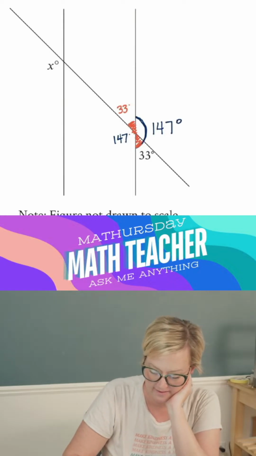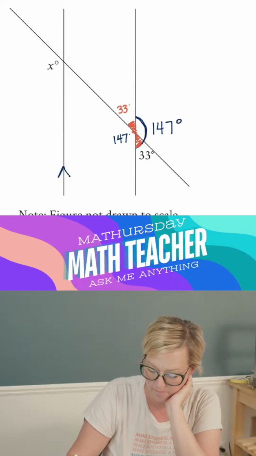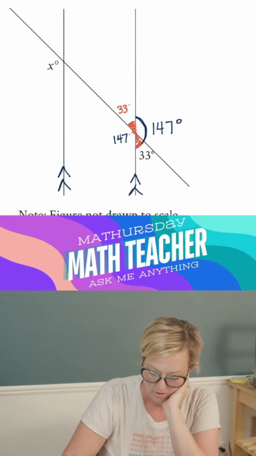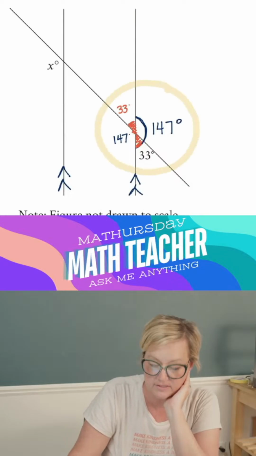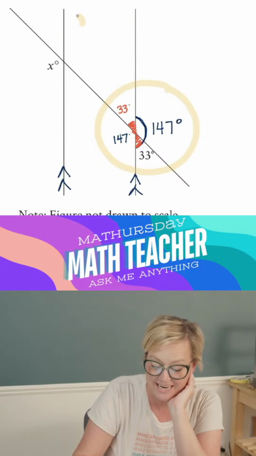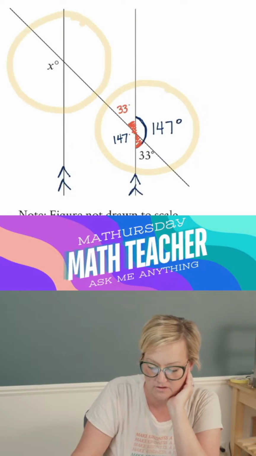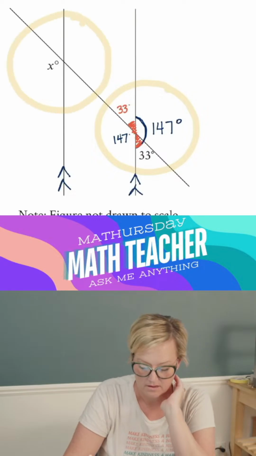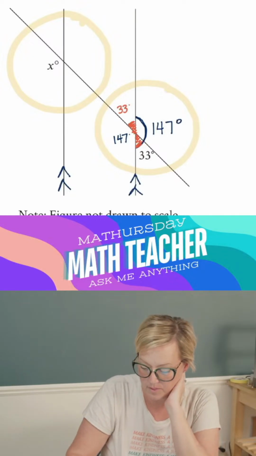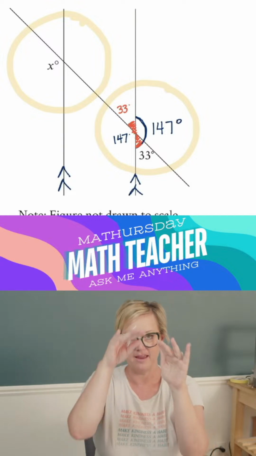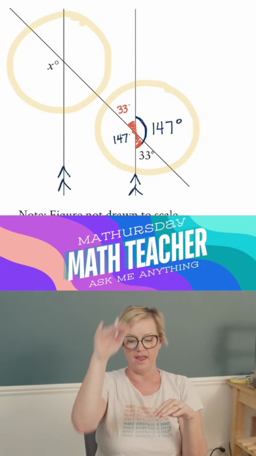Now, because line M and N are parallel to each other, what that means is that this whole cluster of angles here is identical to this whole cluster of angles here. So I can fill these in if I think about it kind of like these 4 angles, right?